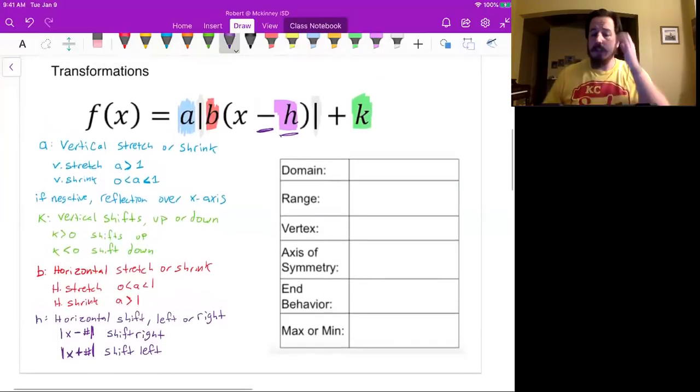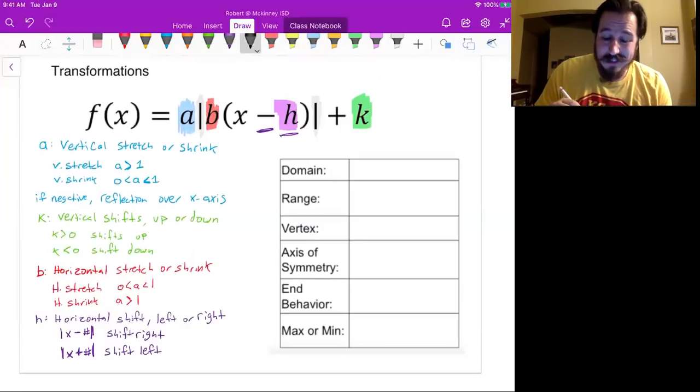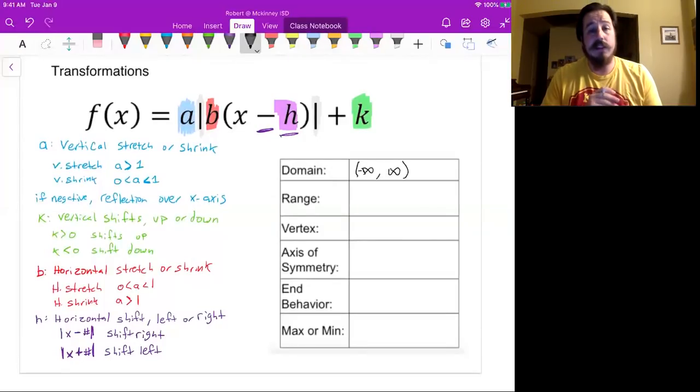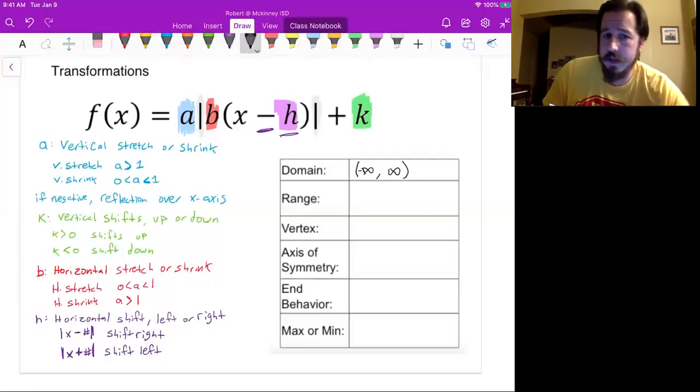Okay, so let's talk about how these transformations affect all of our graph characteristics. Our first one, the domain, well, it doesn't matter how this shifts, stretches, or shrinks, it is still going to be negative infinity to positive infinity for my domain. This is going to be the case always. For our absolute value functions, your domain is negative infinity to positive infinity.